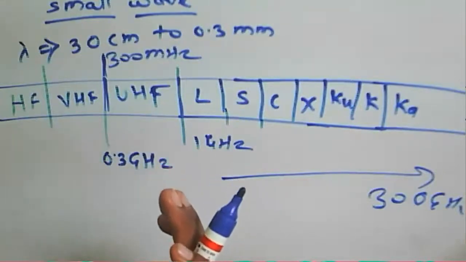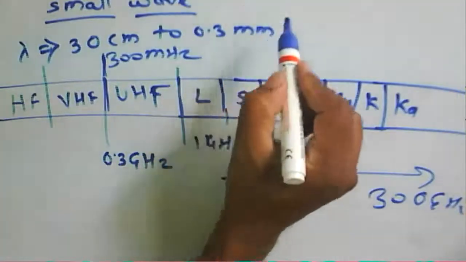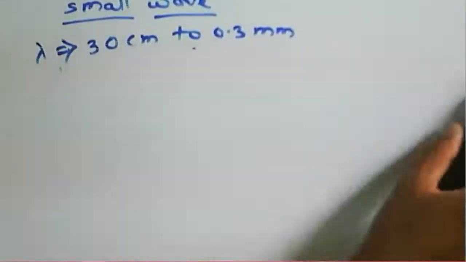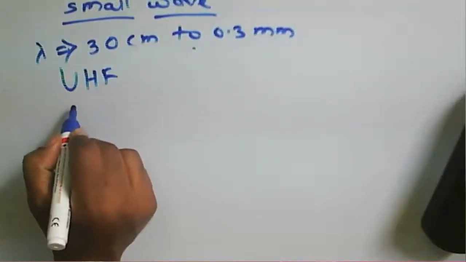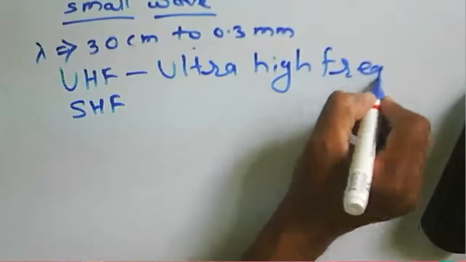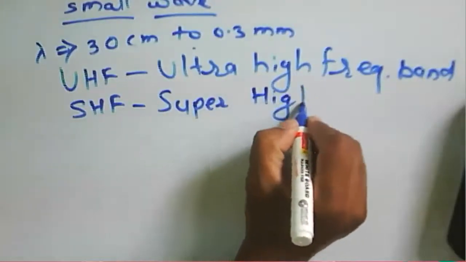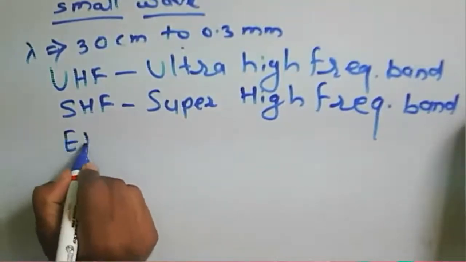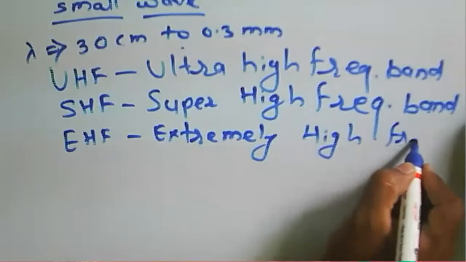Now this microwave frequency region is further divided into the UHF band, called the ultra high frequency band, then the super high frequency band, and then the extremely high frequency band.